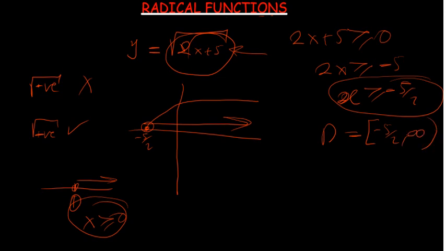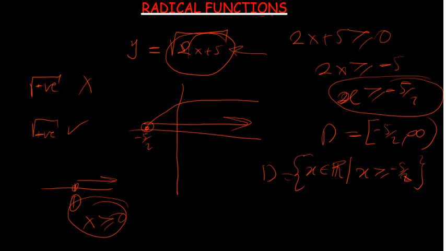Which we can also say the domain is x, such that x is a real number. Now this real number is always greater than or equal to negative 5 over 2. So we can also write it like that. I don't know which one you would prefer. So x is a member of the real numbers such that x is greater than or equal to negative 5 over 2.